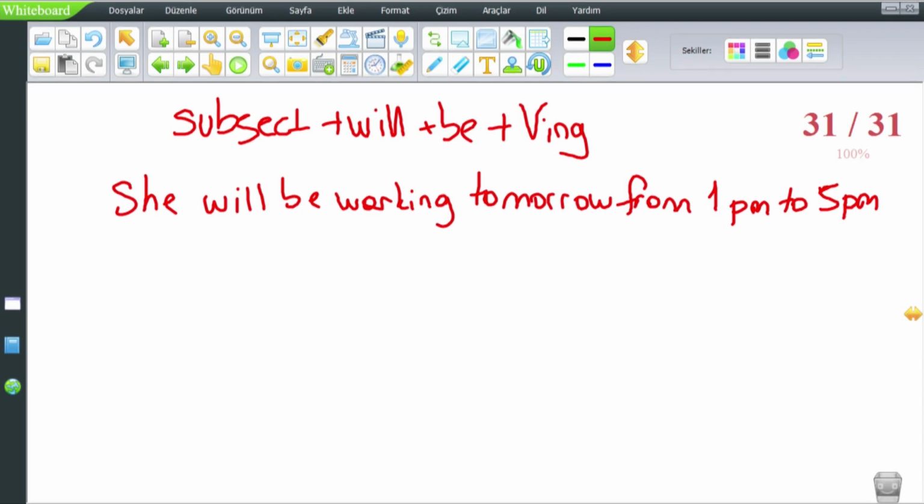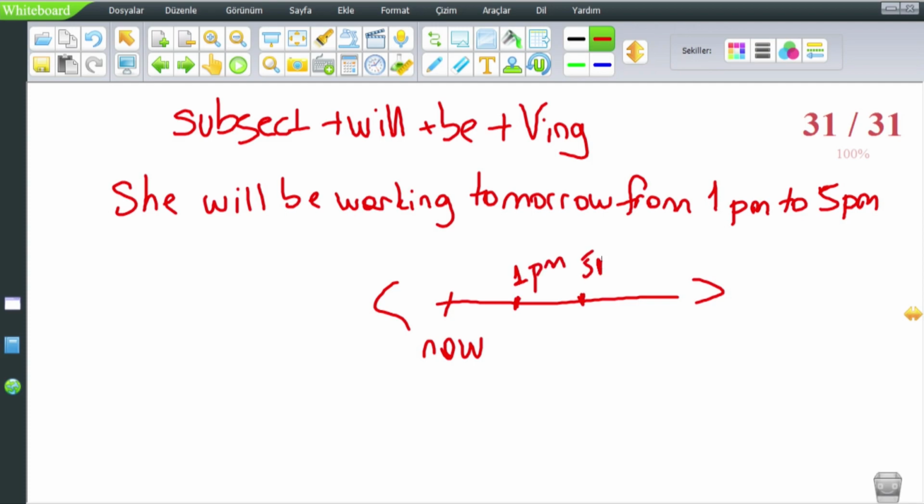In this example, I give an exact time, a duration. This tells me that this is now, this is tomorrow, and from 1 p.m. to 5 p.m. she will be working.